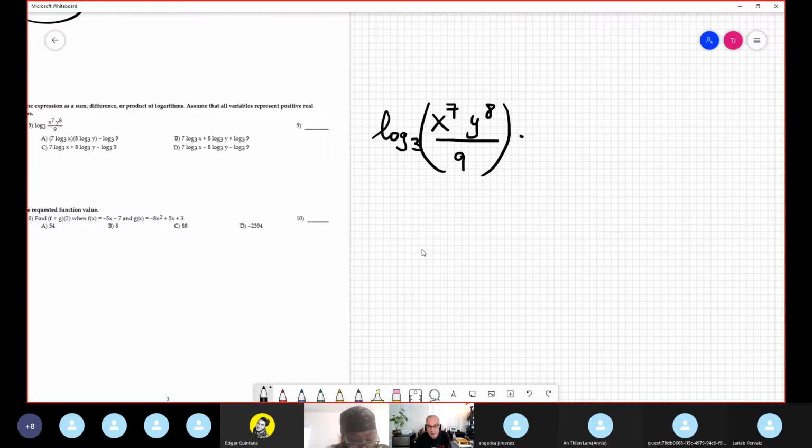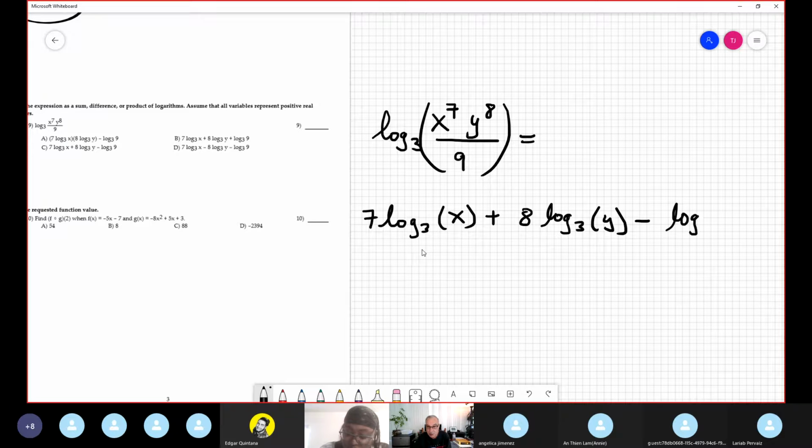How do you expand that? Well, easy. You expand like 1, 2, 3 logarithm. Logarithm base 3 of x, and the exponent goes to the front as a factor, plus 8 times logarithm base 3 of y, minus, because in the denominator is minus, logarithm base 3 of 9. You can leave it like that. However, in my opinion, it's much better to compute this logarithm because it's numerical, by the way, it is 2.